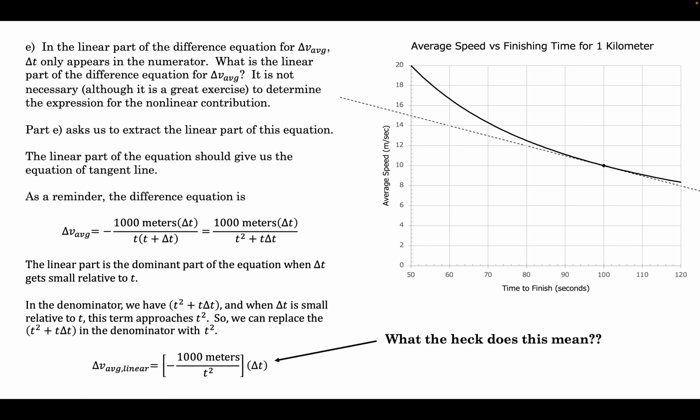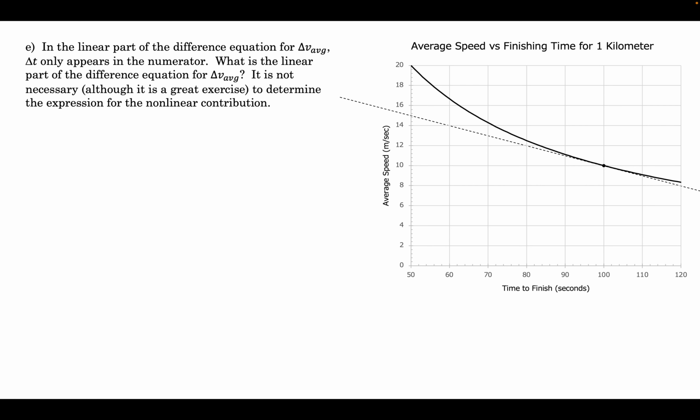And it's important, if you're going to understand calculus, to figure out what this means. It relates the change in the time to finish the race and the change in the average speed along the line. If you wander far away from here, there's going to be a nonlinear part. This is only the linear part. This is an estimate. It should be really close when delta t is small.